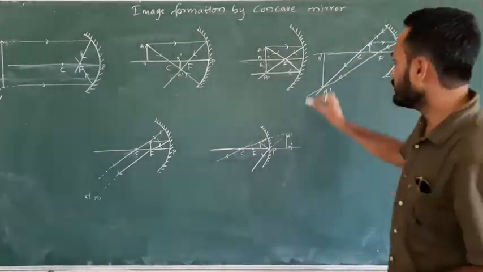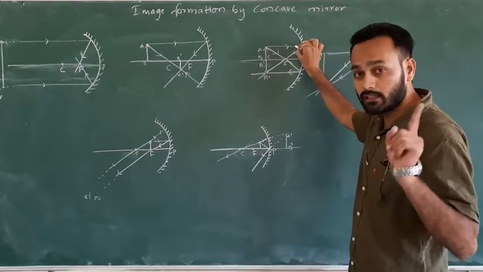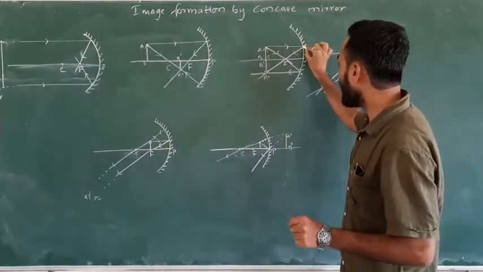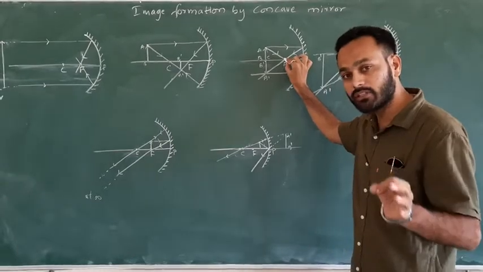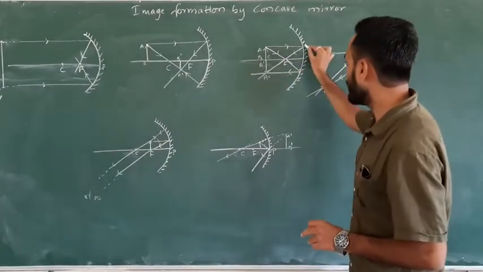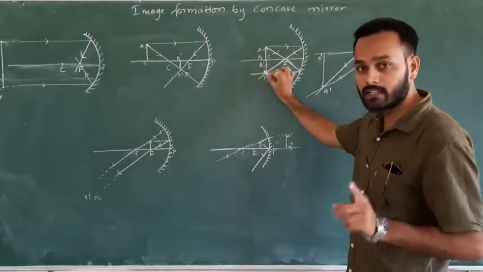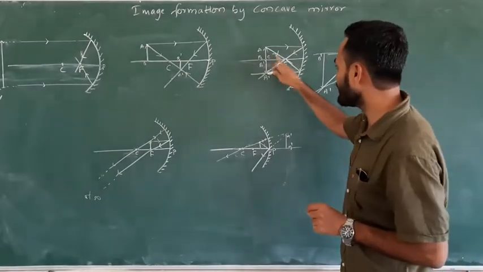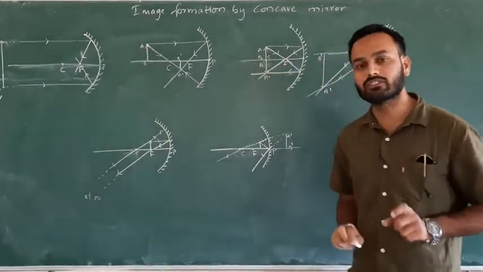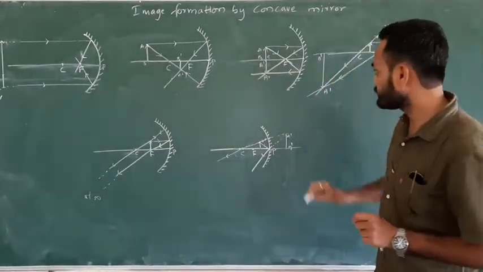A ray of light which is parallel to the principal axis, after reflection passes through the principal focus, as you could see here. Now let us talk about another ray of light which is passing through the focus.